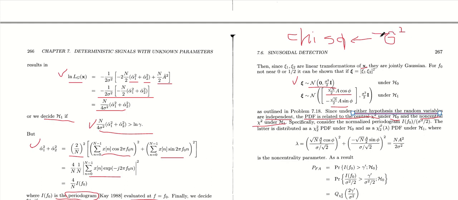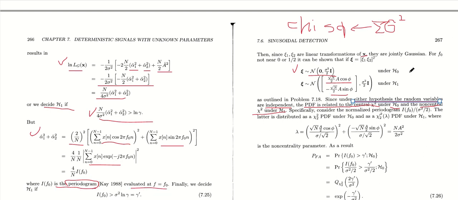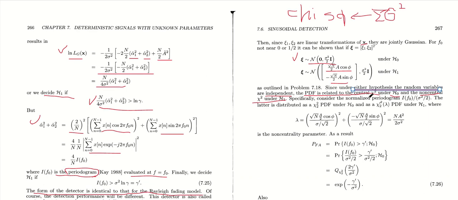Or summation of Gaussian squares come to chi-square. If this is not clear, then refer to chapter 2 to 3 when we talk about spatial distributions. Okay? And then chi-square under H0 and non-central chi-square under H1.